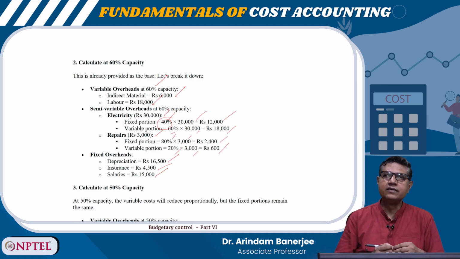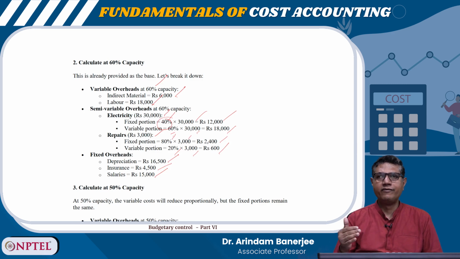So we need to see how this overhead cost will actually react. We discussed earlier, if you remember, while discussing CVP analysis, that variable costs vary proportionately with the level of capacity utilization. So the variable overheads given here, indirect material and labor, will decrease proportionately as we come from 60% to 50%.